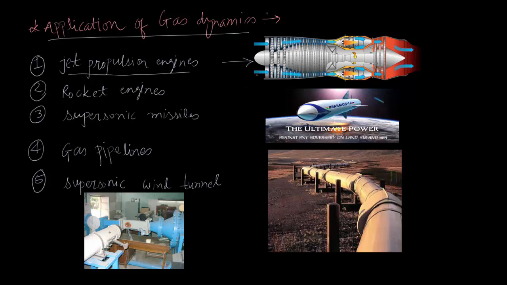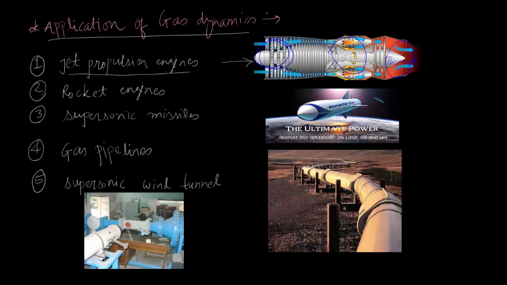And in jet propulsion engines, the air first enters into a compressor. This is a compressor. Then it goes into a combustion chamber where the fuel and air combustion happens, and in the end this is our nozzle, or it is an exhaust from where the jet propulsion engine gets the required thrust.